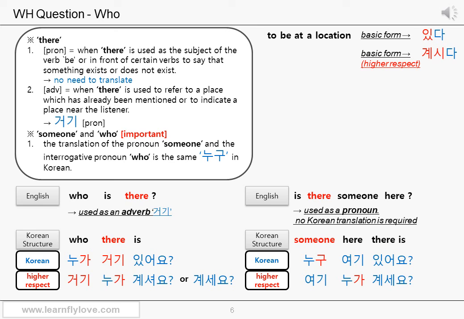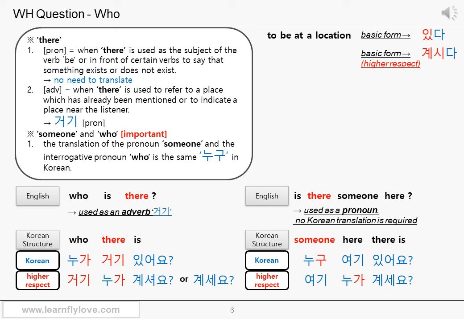How about the higher respect form? Yes, you just need to use the higher respect form of the predicate 있어요, 계셔요, or 계세요. 누가 여기 계셔요? 누가 여기 계세요? 여기 누구 계셔요? 여기 누구 계세요? Is there someone here? They are all fine.